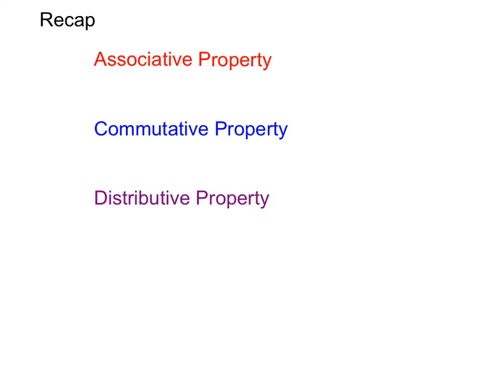Just to recap, remember our commutative property allows us to add or multiply in any order. So we can do a plus b is equal to b plus a, and a times b is equal to b times a.